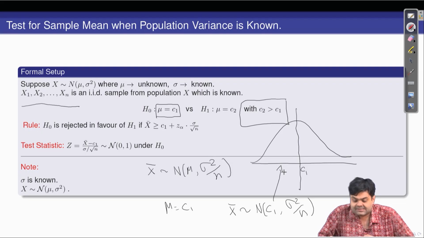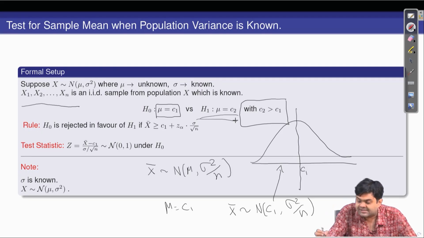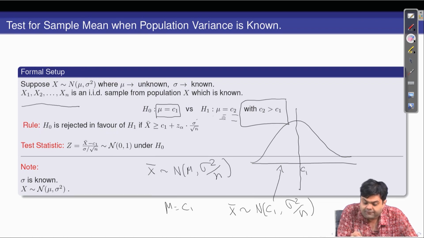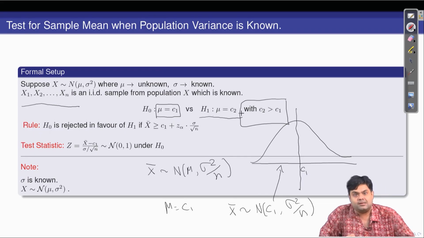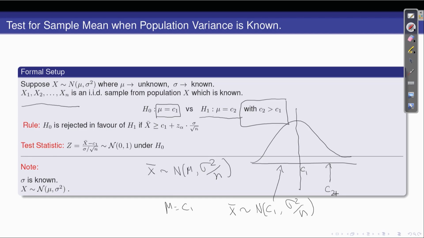Now the alternate is mu equal to C2. If your guess is that the alternate is significantly more likely than the null hypothesis, let us say C2 is here, what consists of evidence in favor of C2 significantly more than C1?